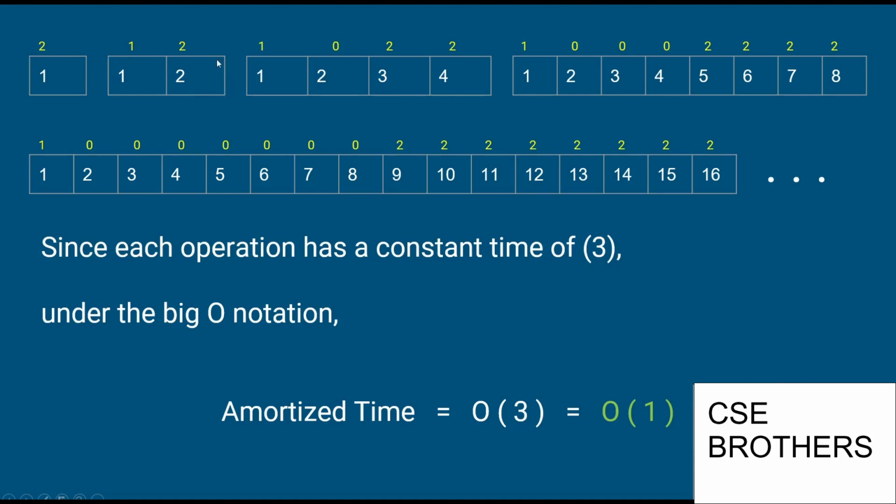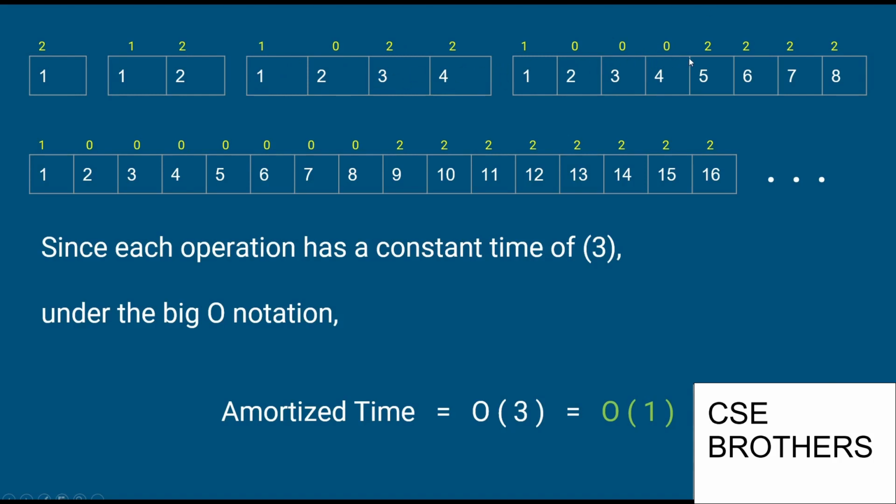When this array of 2 gets full and has to be copied to an array of 4, the 2 saved will be used: 1 to copy the second element and 1 to copy the first element, and hence the second element will now have a charge of 0. The third and fourth elements will have a charge of 2 after insertion, which will be used, 1 for copying themselves when the array is to be doubled, and 1 to copy the previously existing elements.